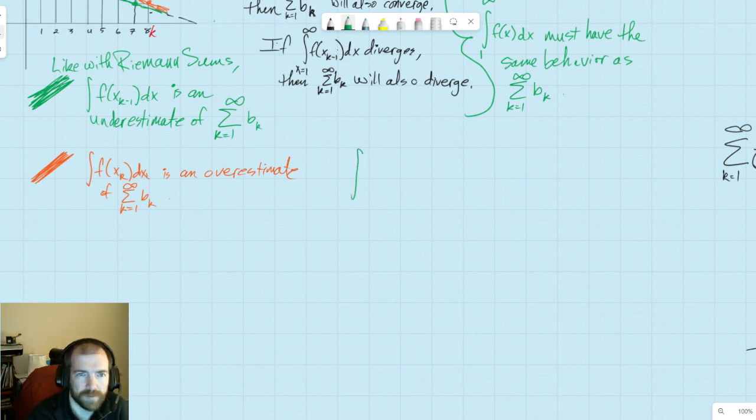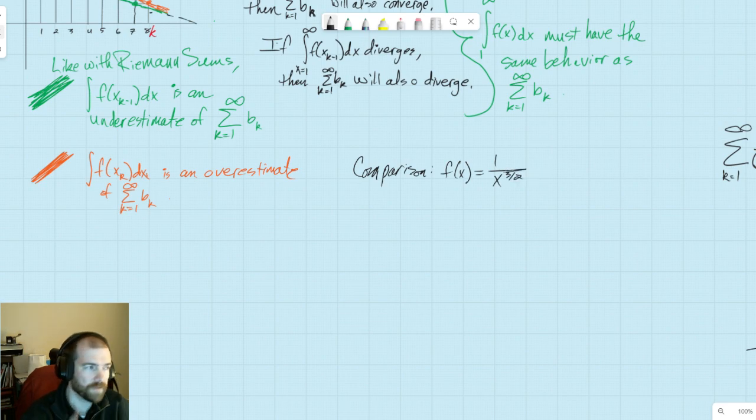So the integral. I'm going to choose the comparison series. F of x is equal to 1 over x to the 3/2.